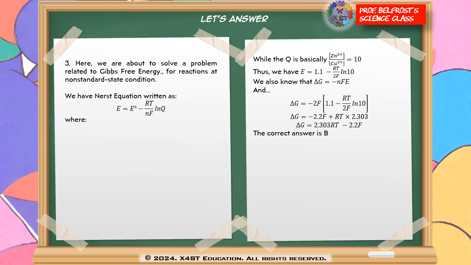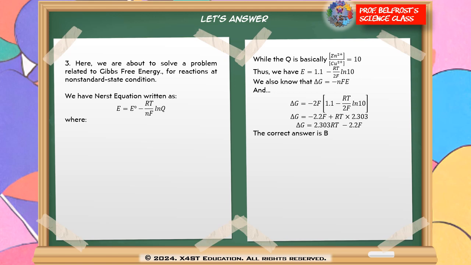The expression for delta G in joules per mole is where F is the Faraday constant, R is the gas constant, T is temperature, and E0 cell equals 1.1 volt. So how do we solve this?